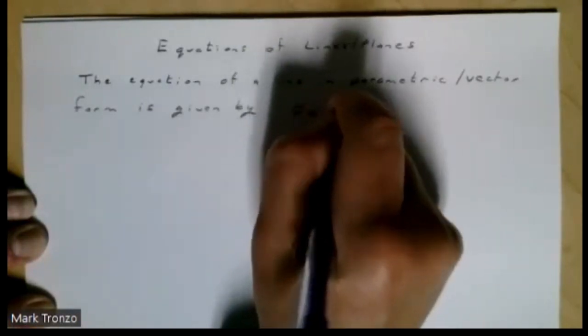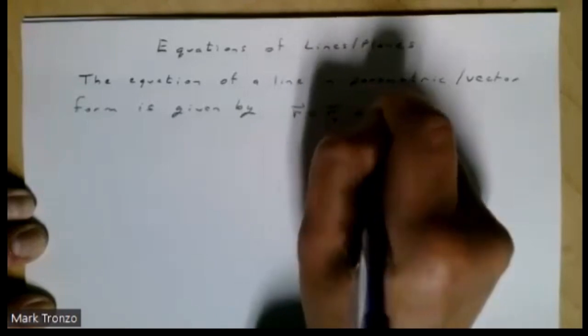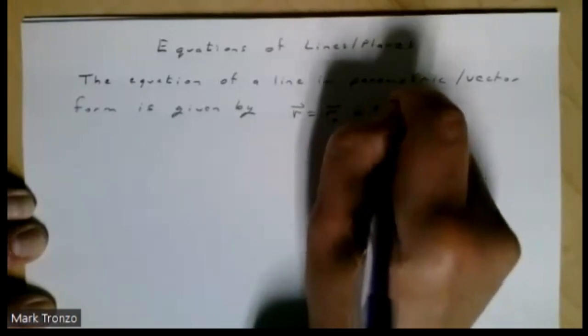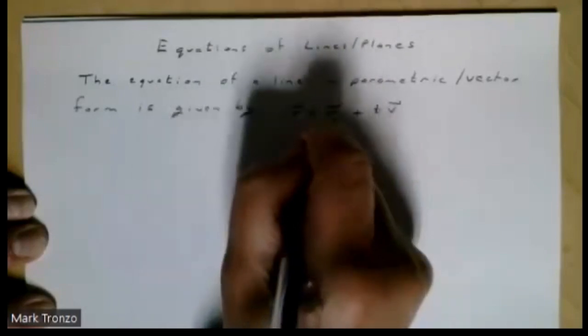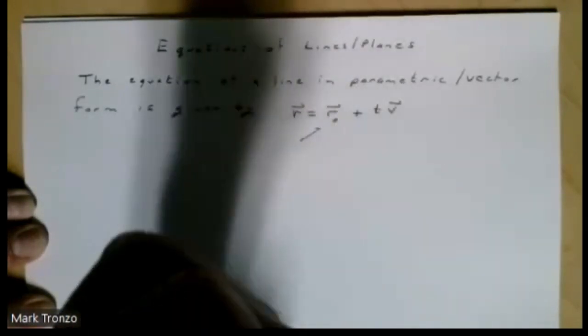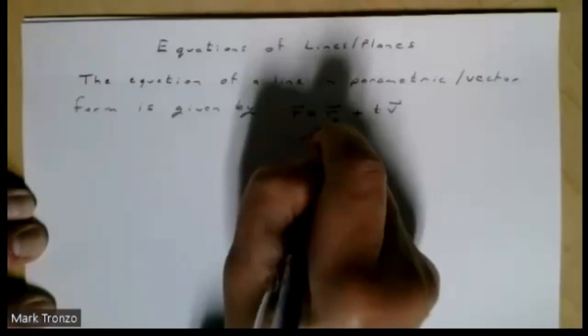It's given by r naught plus tv. Again, this is going to be the equation of the line. Again, this is a point on the line. r naught is a point on the line in vector form.